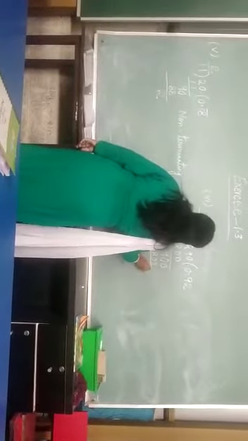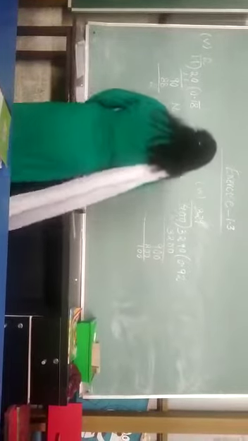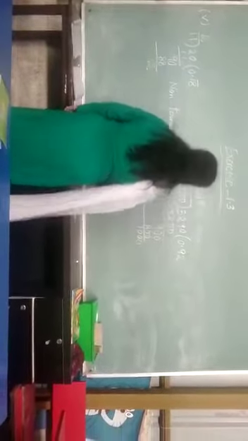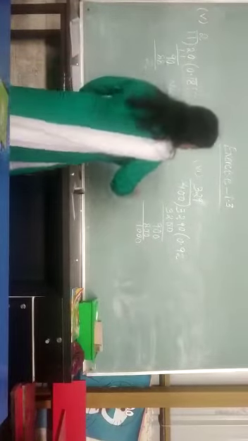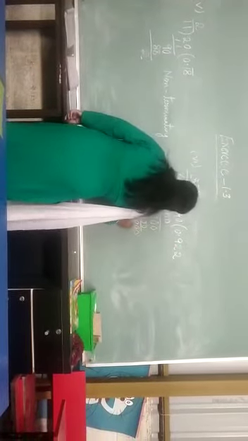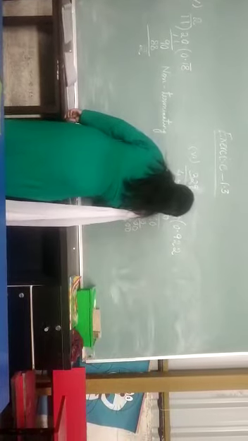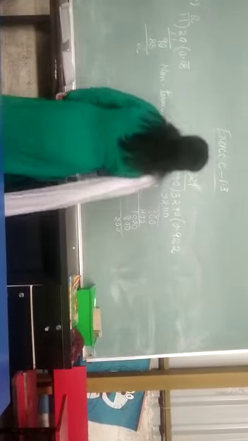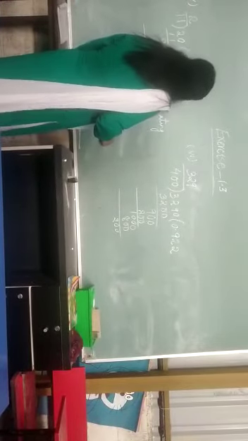So 400 2s are 800, right? So what is the remainder? The remainder is 100. So I take a 0 here, right? So what again? 400 2s are 800, right? So what is the remainder? The remainder is 200, right?